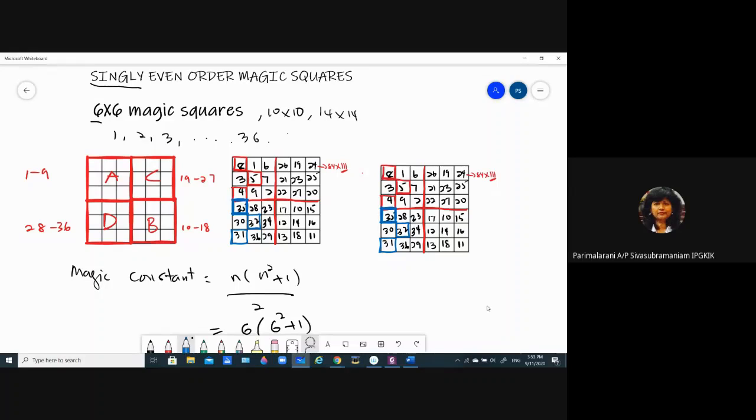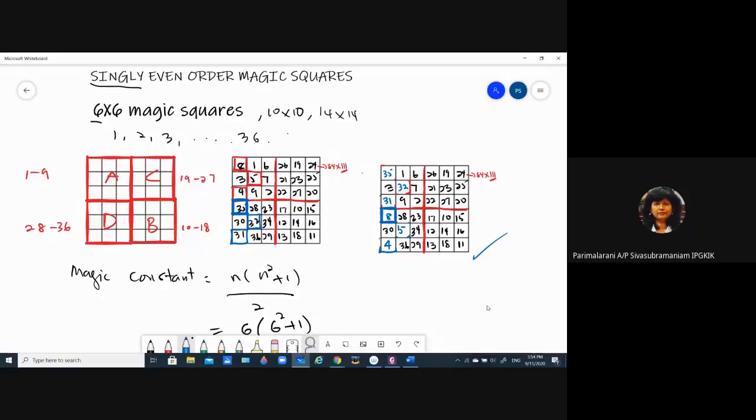So we're going to take 8, these 3 numbers we're going to move. So 8, 5 and 4, we're going to bring it down here. 35, 32, 31, take it up. Okay, now it's done.